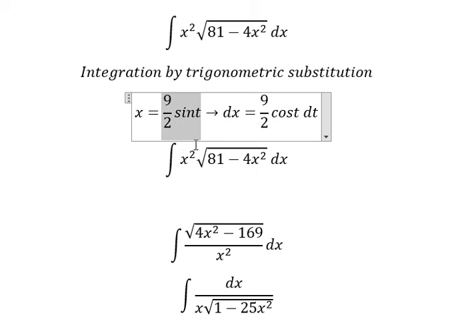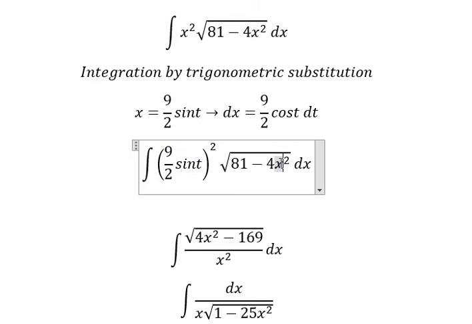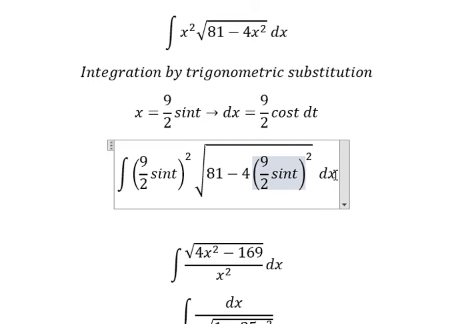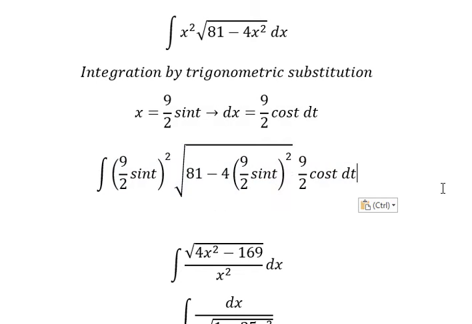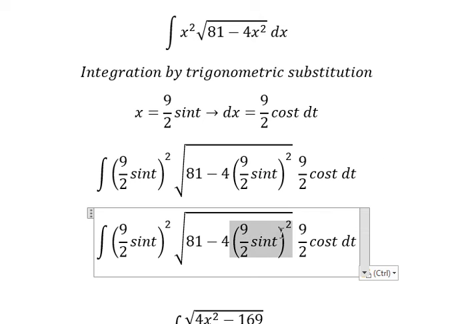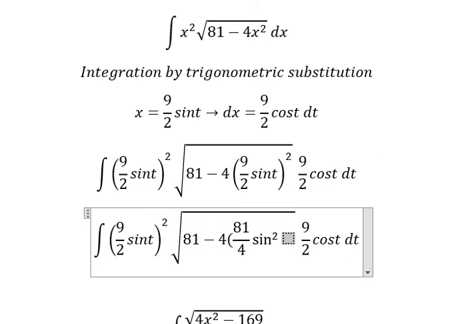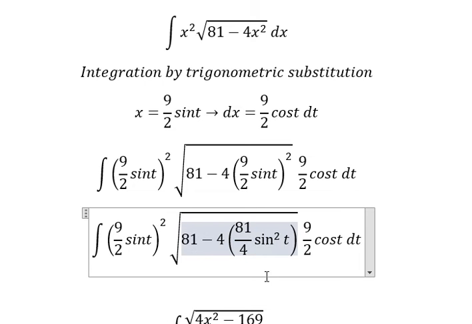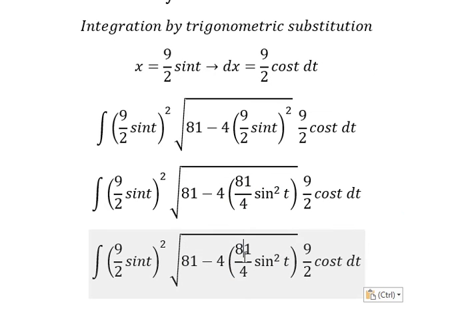So I will put this one in here and here. ds we change by this one. So this one we have 81 over 4 sine t squared. Number 4, we cancel.